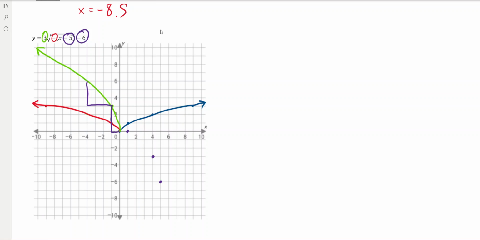Then I look at the next one, which is 1, 2, 3, 4, 5 to the right and 3 up. 5 to the right, 3 up. So it's here. So, ooh, that's not what I wanted. There you go. So now we can see how that would look there.